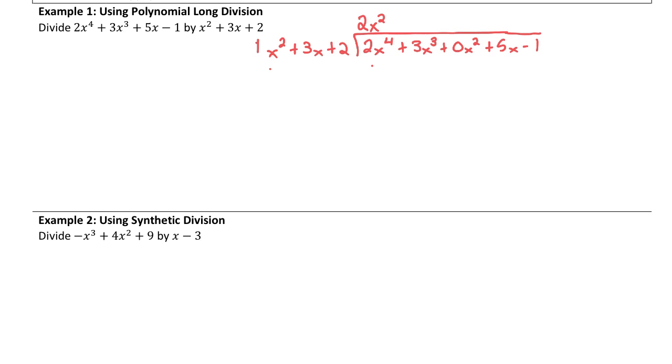So then what you do is you take this 2x squared and you multiply it by every term in your divisor, the thing you're dividing by. So 2x squared times 1x squared is 2x to the fourth. I'm just going to write it underneath. 2x squared times 3x is 6x to the third. 2x squared times 2 is 4x squared.